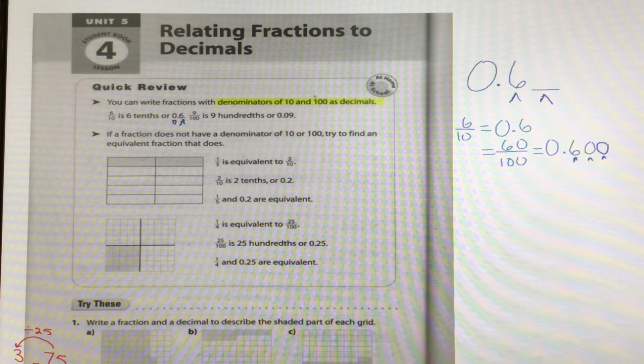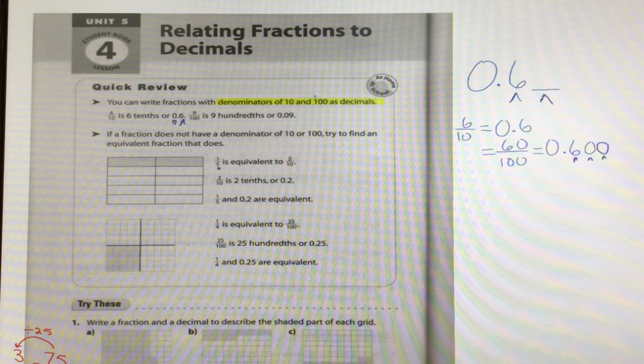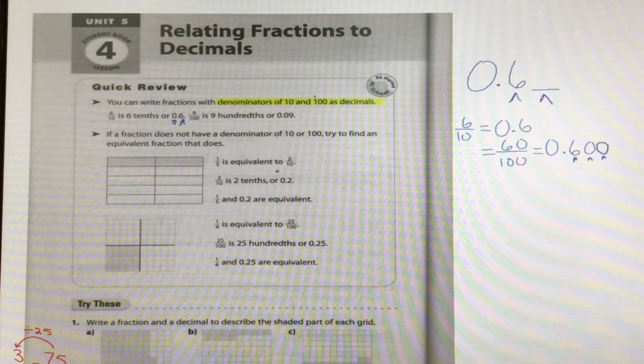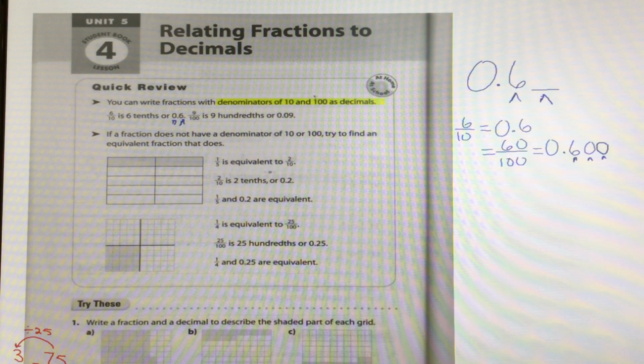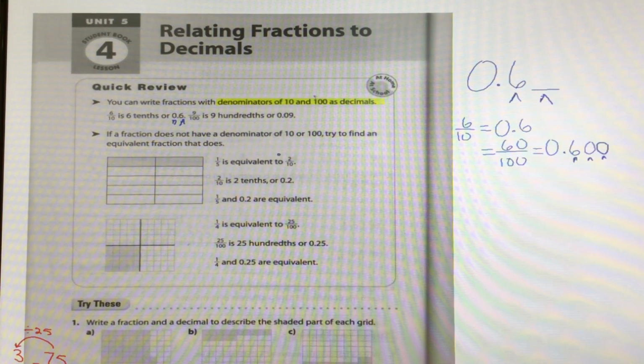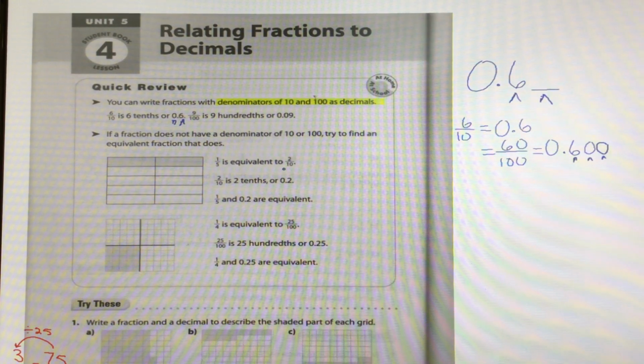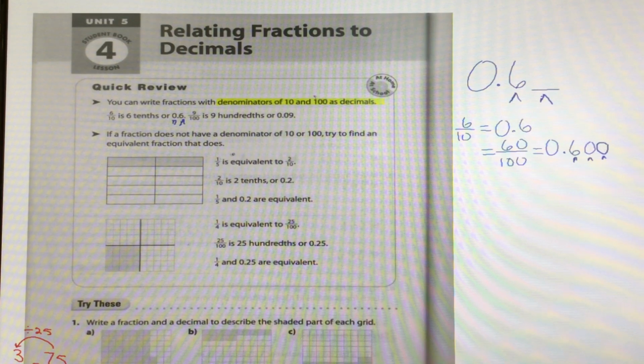Okay, let's take a look at this one here. 1/5 is equivalent to 2/10, and we know that because we can take 1 over 5, and we multiply 5 by 2 to get a denominator of 10. Whatever we do to our denominator, we have to do to our numerator. So if we multiply our denominator by 2, we multiply our numerator by 2.